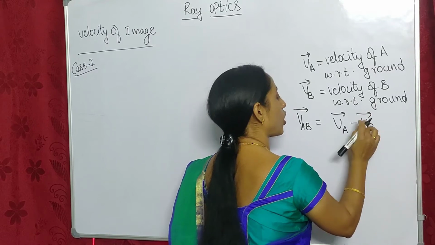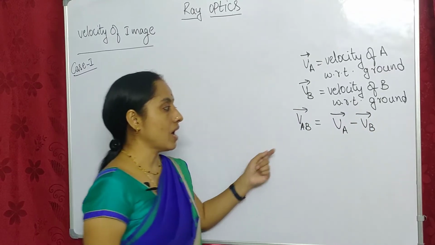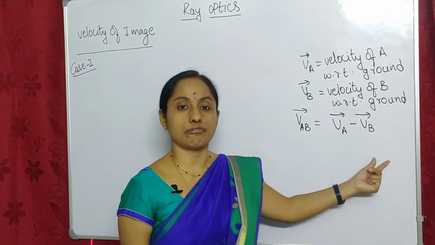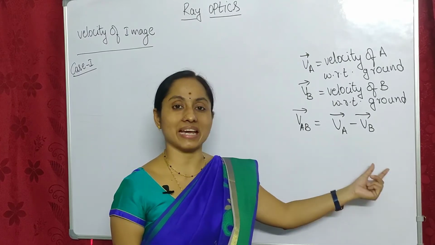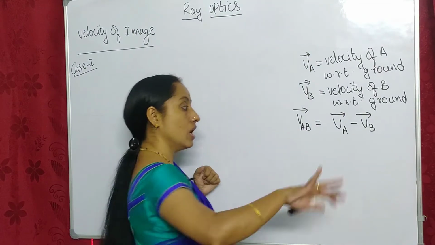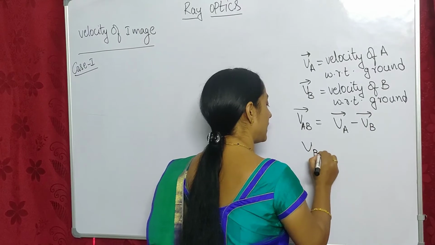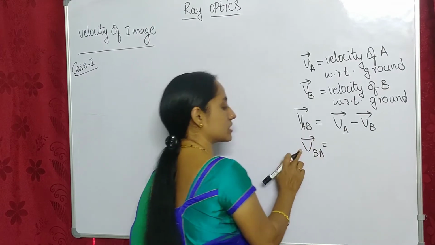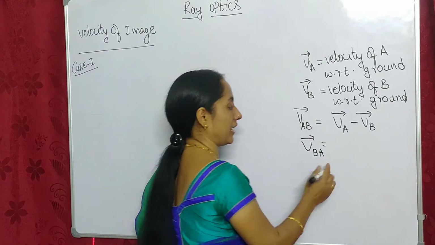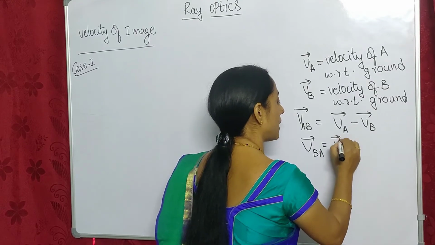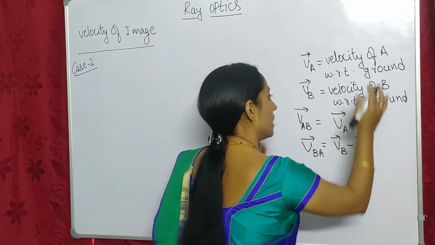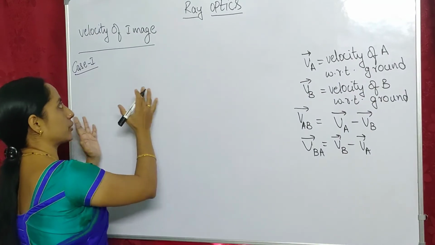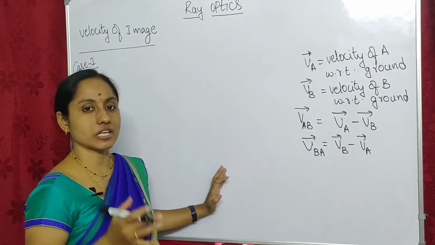Do not forget to write these bars. Bar indicates vector form. Similarly, if I write VBA bar, the velocity of B with respect to A is equal to VB bar minus VA bar. The same concept we are going to apply to find the velocity of the image.